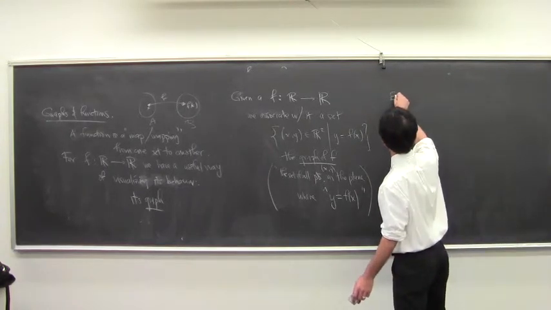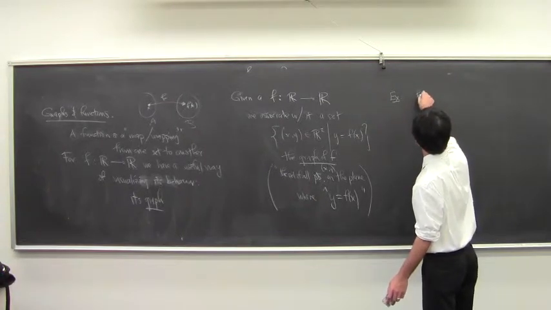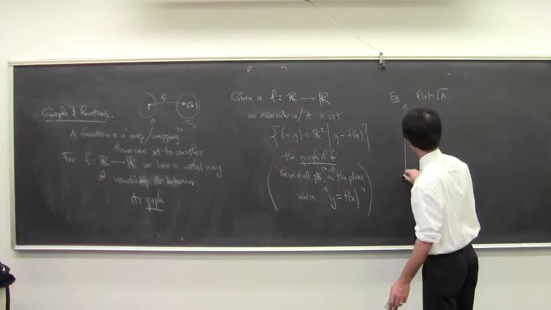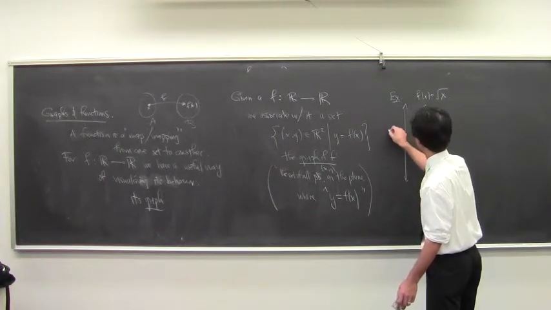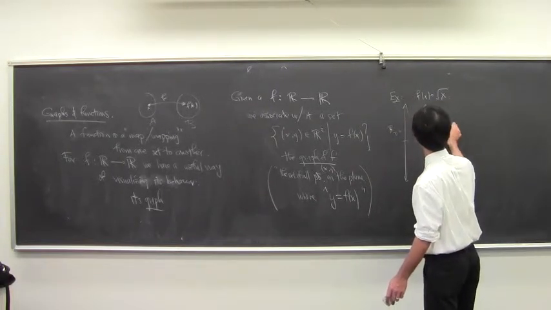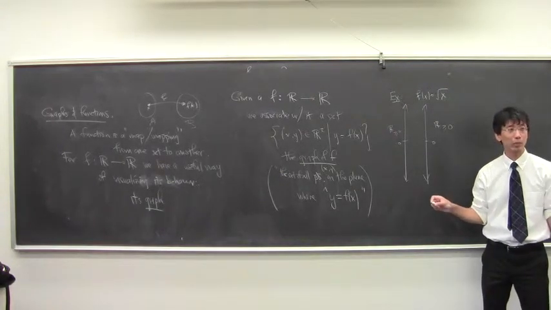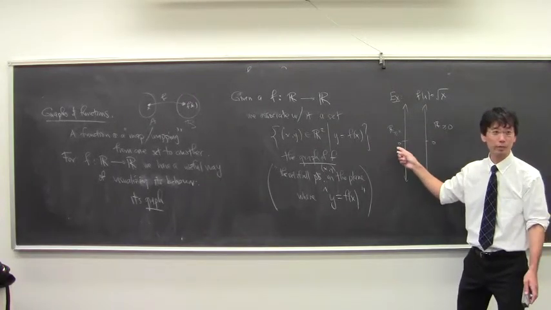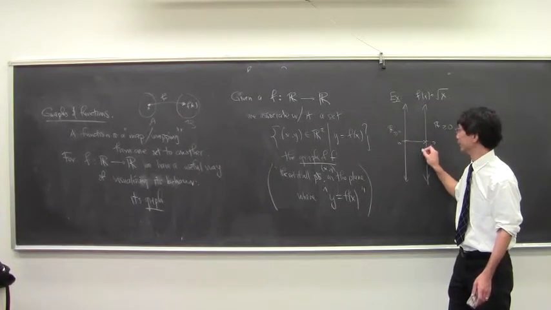Just as a simple example, if we have again the square root function, what does a square root function look like as a map? If we try to represent the square root function in terms of arrows, well, it takes 0 to 0.